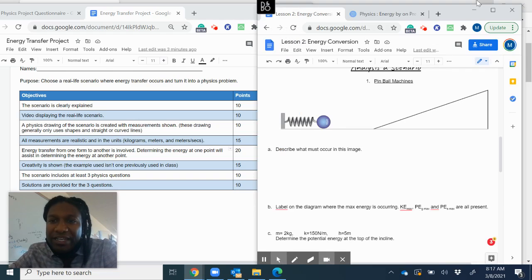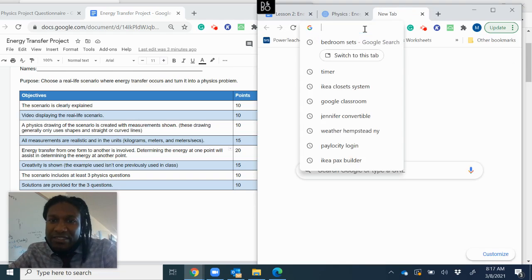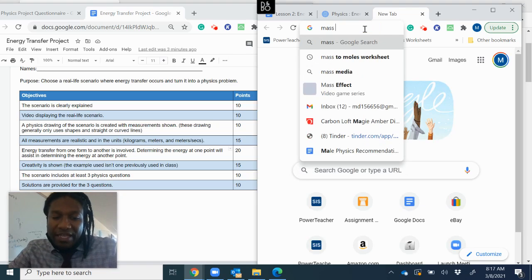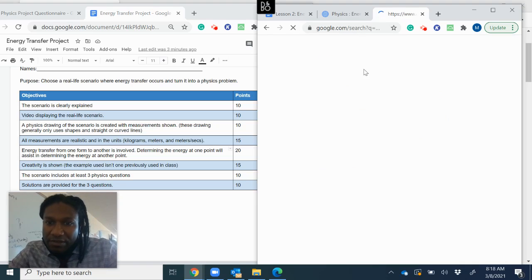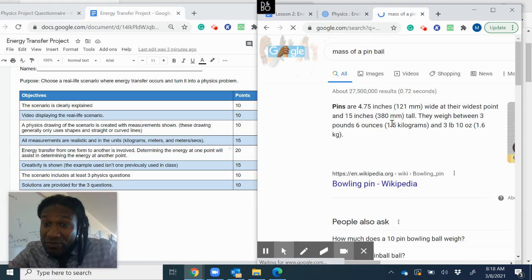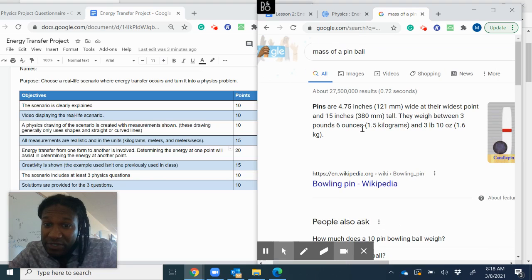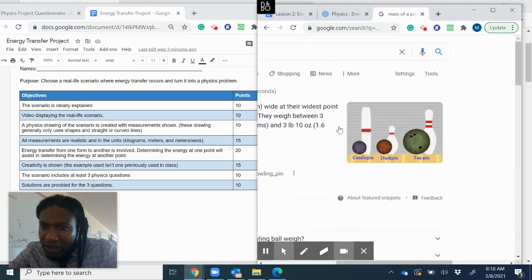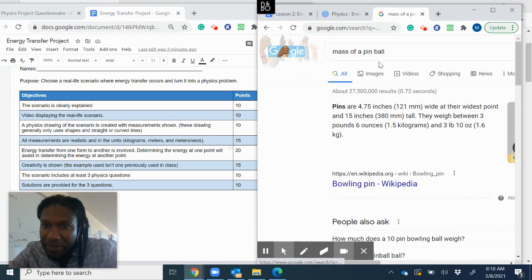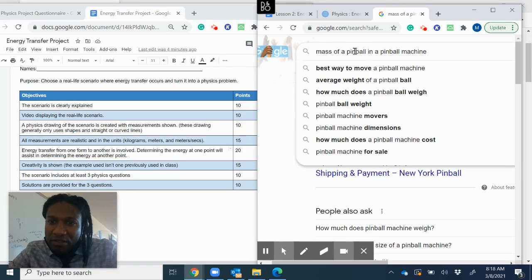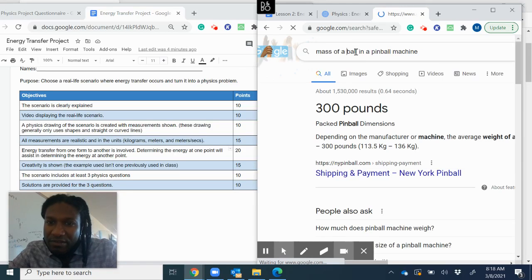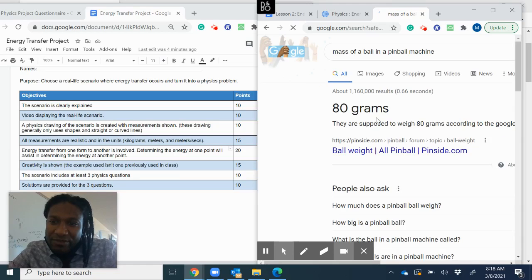So generally what I do is I might look up the mass of a pinball, right? And they tell you generally what you're looking for. The weight is between, ooh, pins. No, that's a bowling ball pin. Pinball. Let me put ball. There we go.